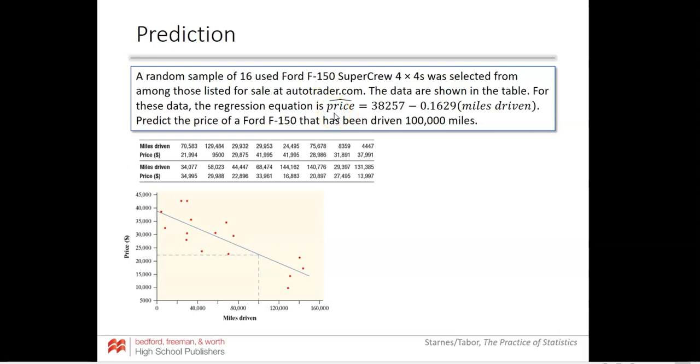Y is price. So this equation says the predicted price, because we're using the regression line to predict the price, is 38,257 minus, that's like your y-intercept. That's if you drive 0 miles, the truck would cost $38,257, minus 0.1629, that's the slope in context, or the rate of change, times the number of miles driven.